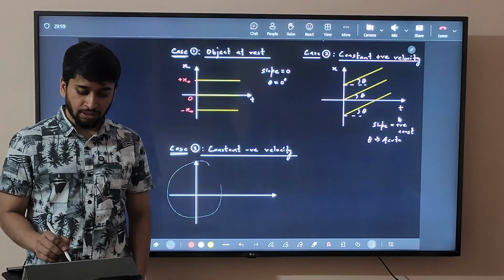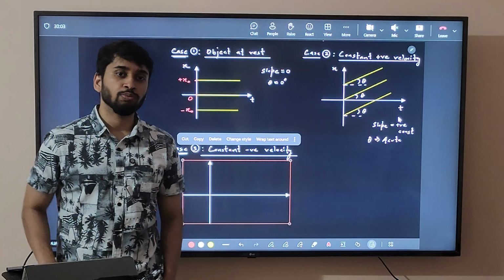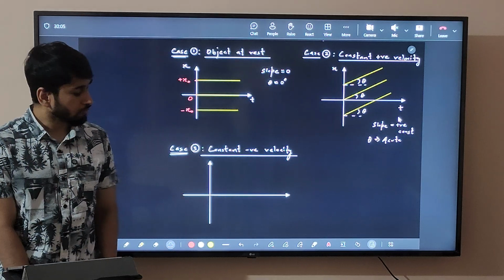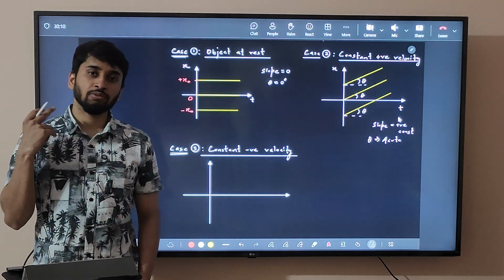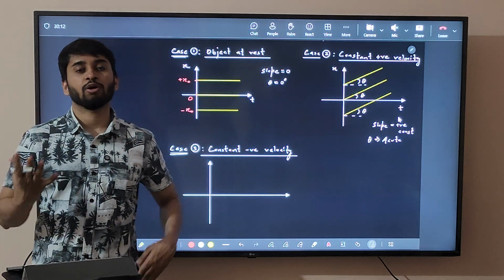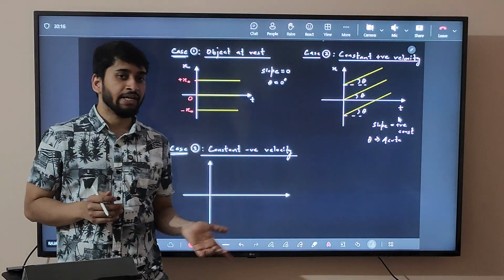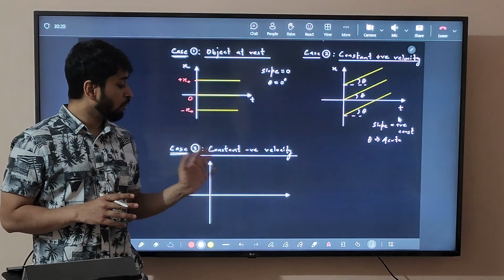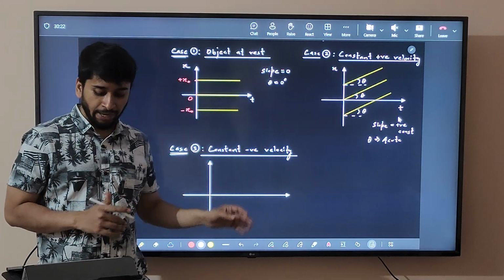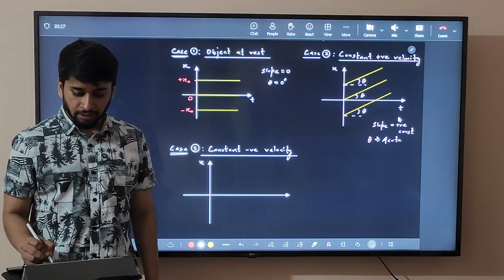So a negative slope means it should make an obtuse angle. For an obtuse angle, tan theta is negative and should be constant, so it will be a straight line. So the graph will be a straight line, and the only thing is that it should make a constant obtuse angle with the time axis at any instant. So this is your position and this is time.